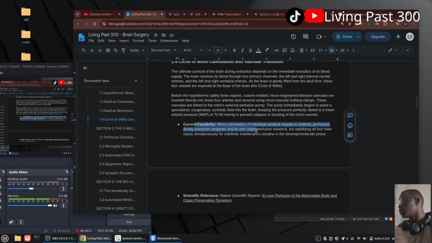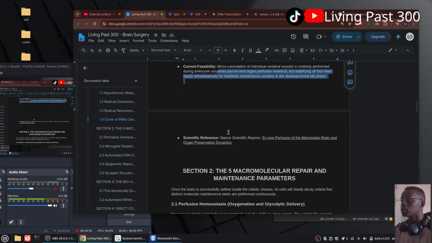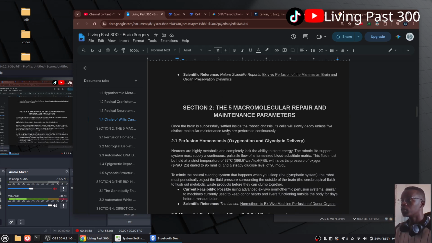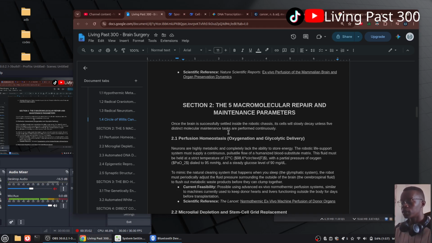The current feasibility is that they have never done these four main arteries of the brain at the same time, but usually they do one or two at once. This is still in development in the laboratories. Now we are going on to section 2.